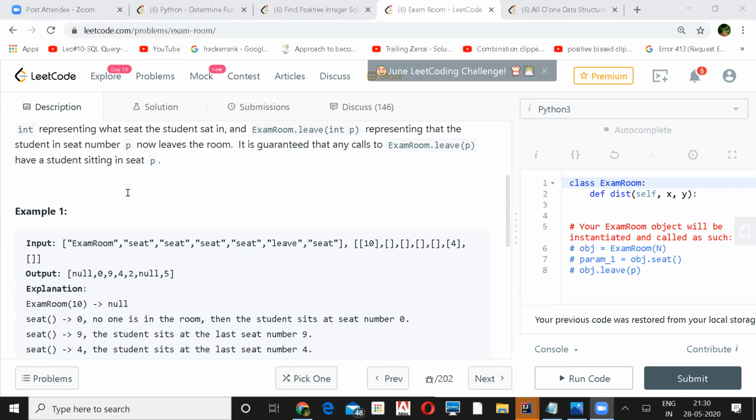This is something like a design class question, where you have two methods, seat and leave. And typically now we have to introduce some kind of data structure which can tell what could be the maximum distance. What kind of data structure can help us here?